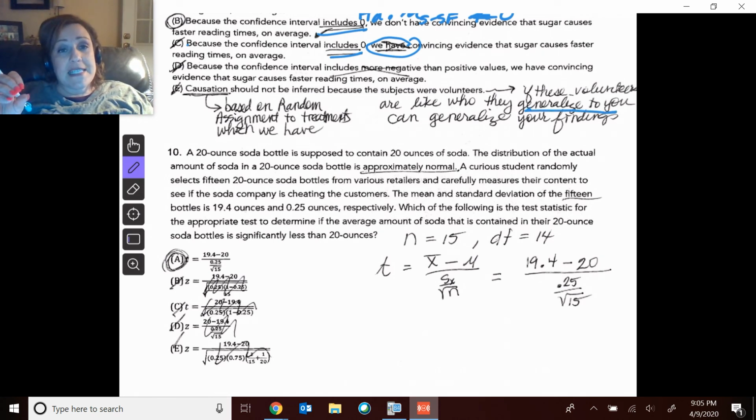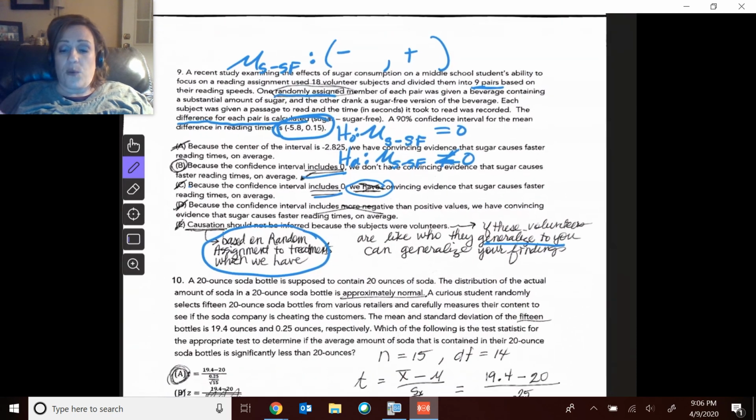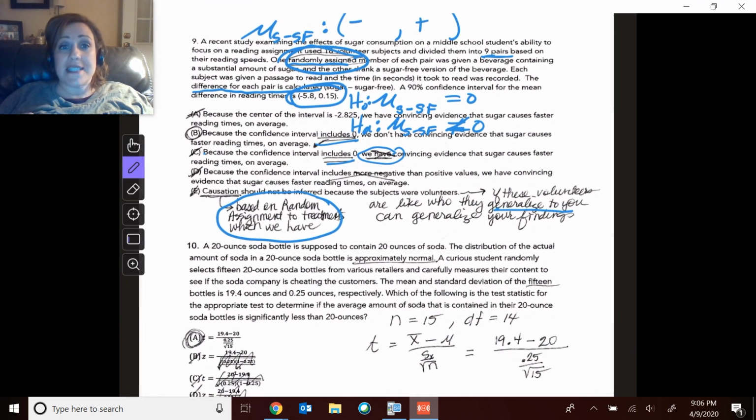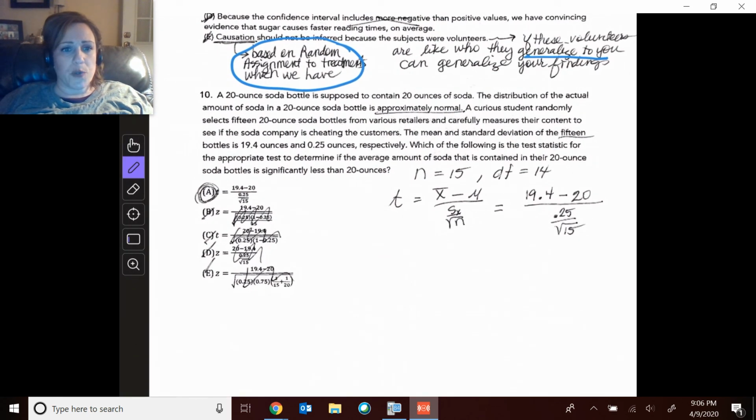The thing that makes it an experiment for which we can do cause and effect is that it's an experiment, and we randomly assign to the treatment group so you can claim the cause and effect. See, so that is what negates that one because we did have random assignment to the treatments. So yes, I could say cause and effect. Now, who I could generalize it to, that's another story.